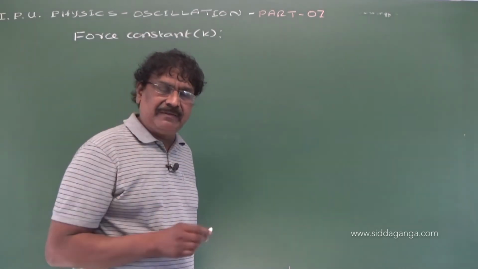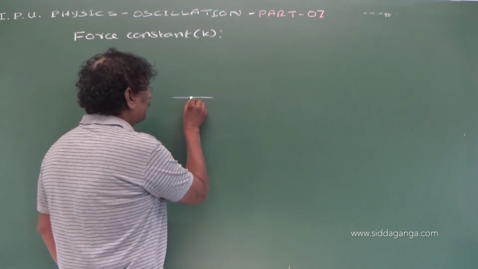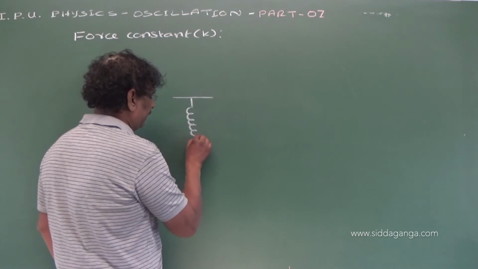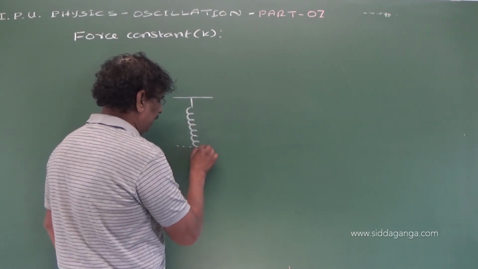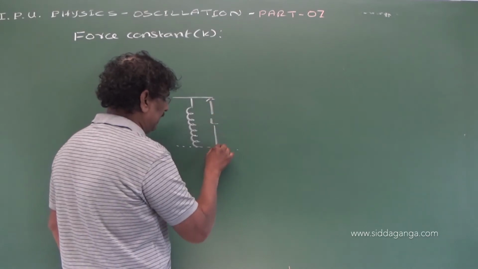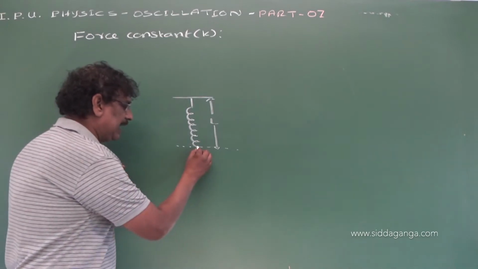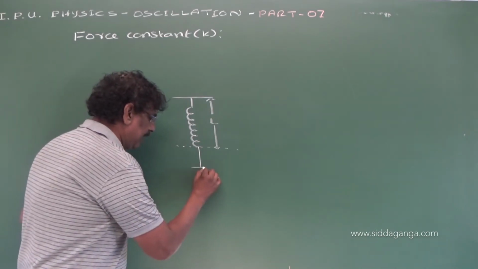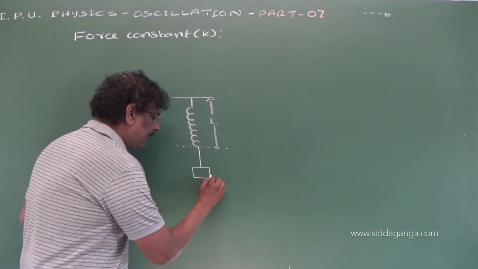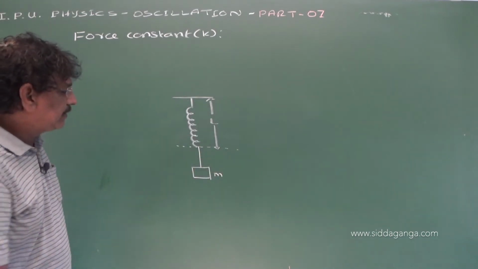For example, we take the case of a spring. It is in original length L. Suppose we attach a body of mass M. Then what happens?